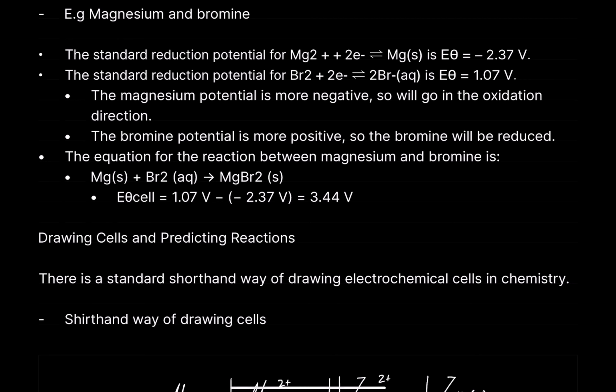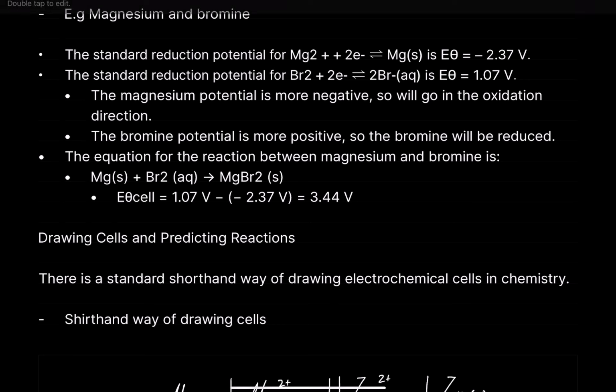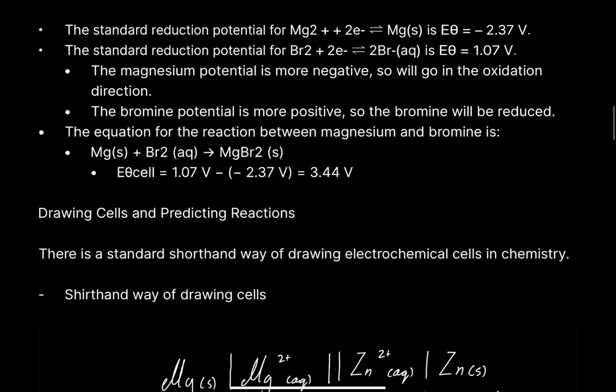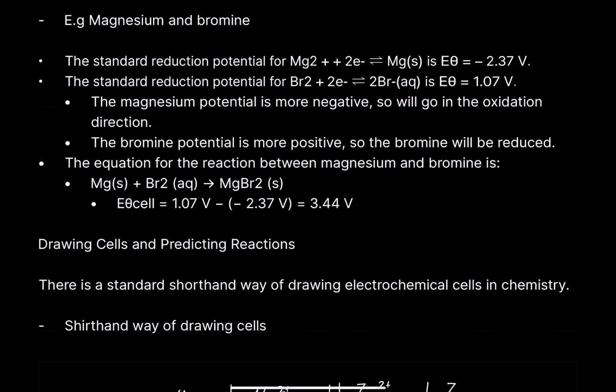Now, the magnesium potential is more negative, so it will go in the oxidation direction. You can already see what I'm talking about anyway. The magnesium reaction on the top right is more likely to go in the opposite direction, from right to left.